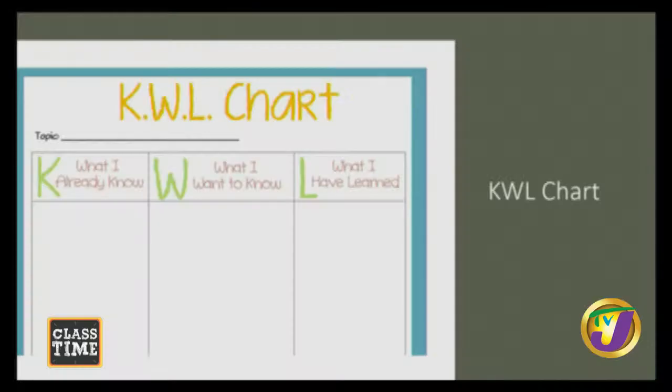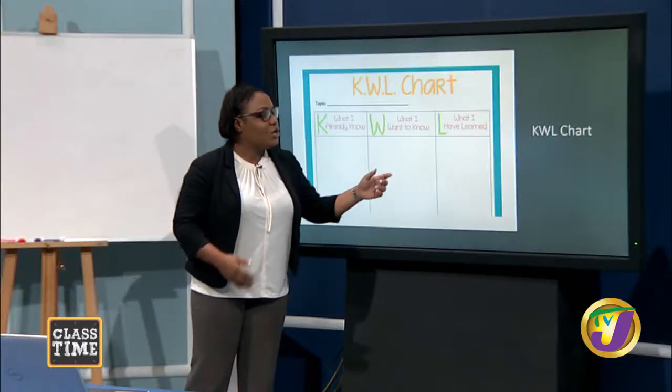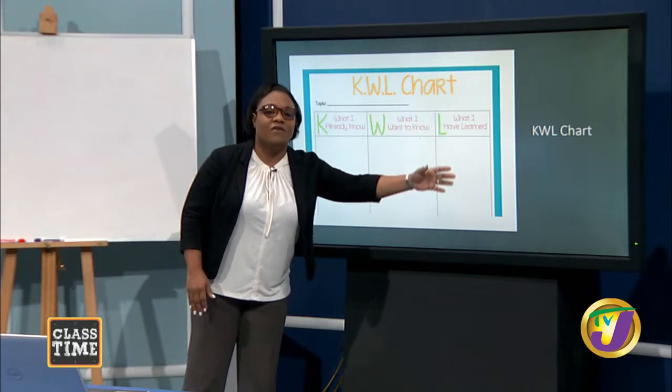Now, you know I cannot leave out the KWL chart. We have been doing our lessons, and remember, our KWL chart is what you already know in relation to the subject, or the topic rather, what you want to know, and at the end of the lesson, when you're going to assess yourself now, you're going to say what it is you have learned.